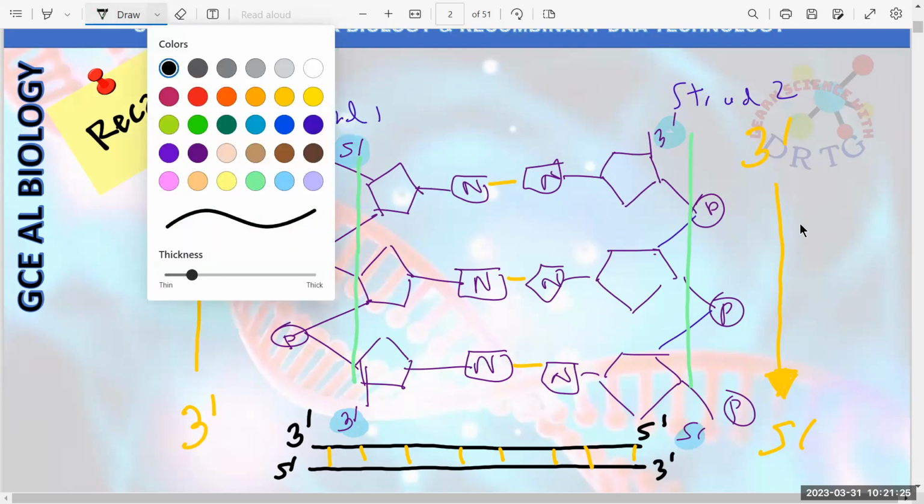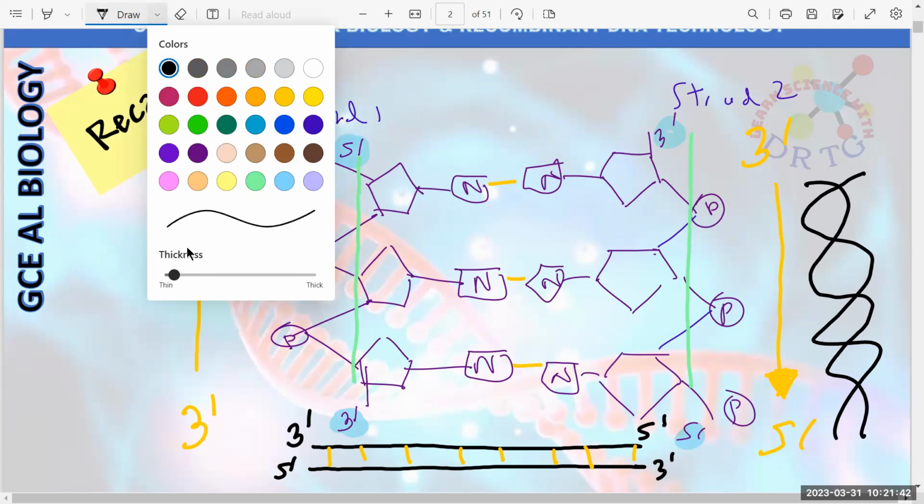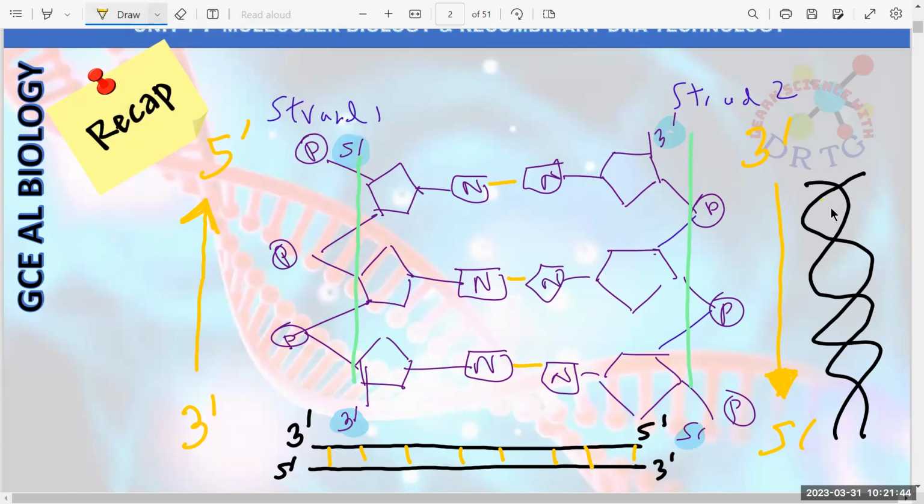If it twists, it makes this double helix. So it naturally orients into a double helix structure as a result of this twisting, and we can still find the hydrogen bonds between the bases in the middle.